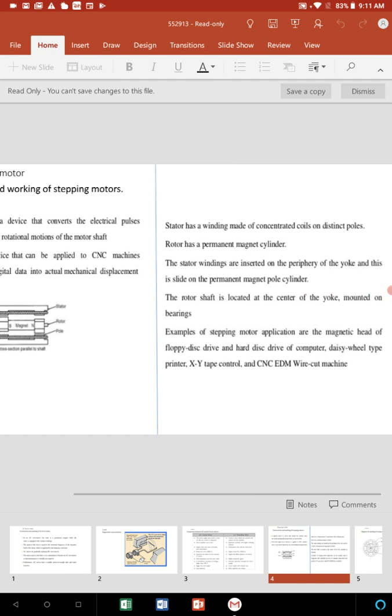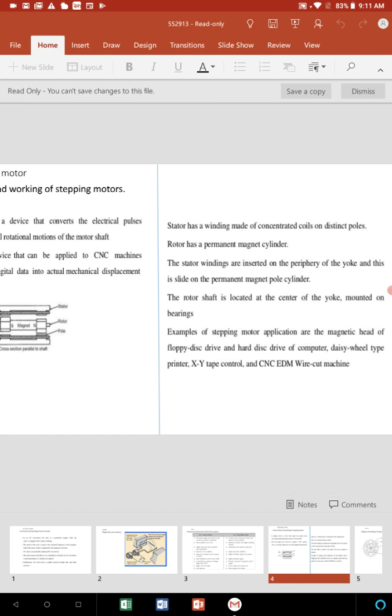In this, the stator has a winding of coils and the rotor has a permanent magnetic cylinder. The stator windings are inserted on the periphery of the yoke, and this slides on the permanent magnet pole cylinder.